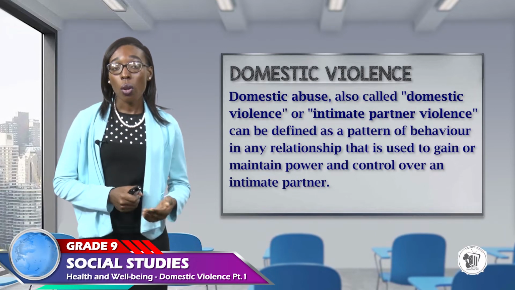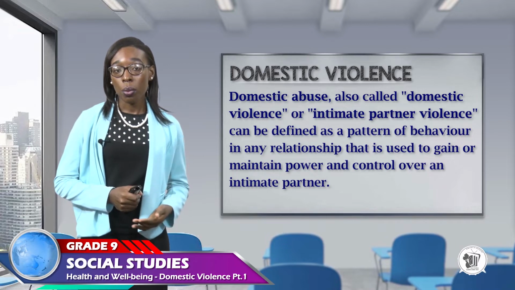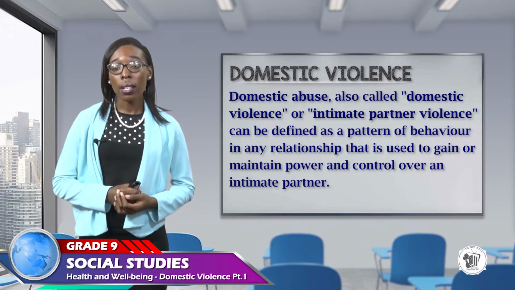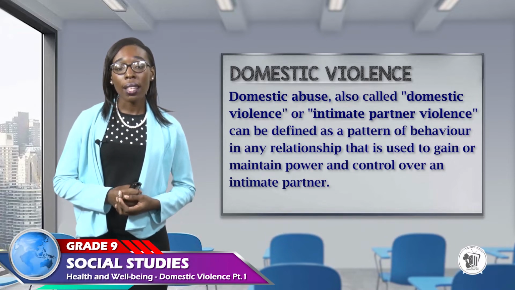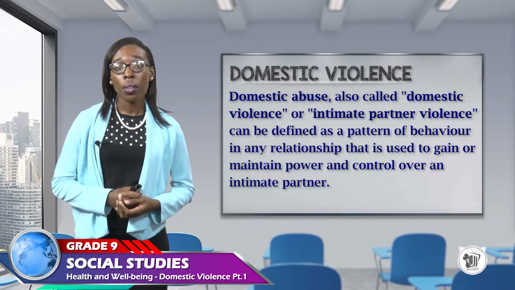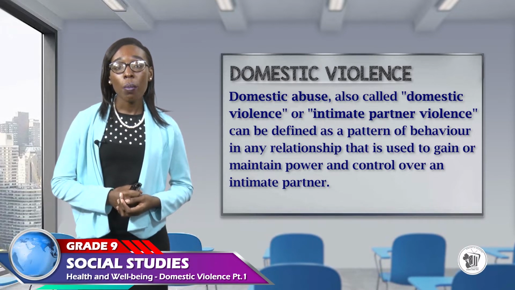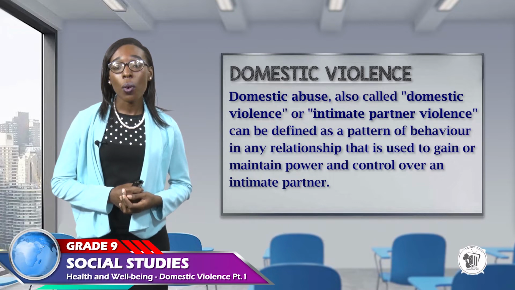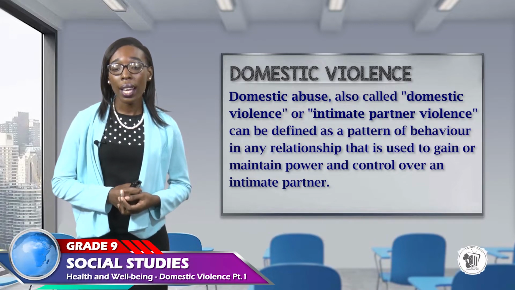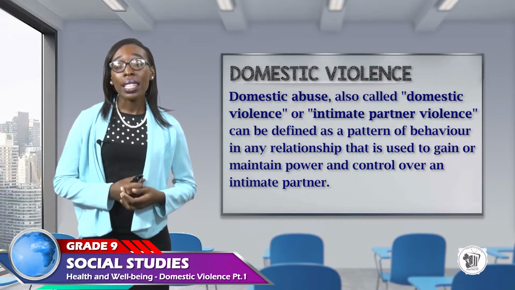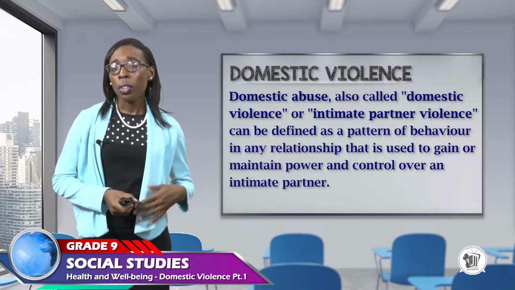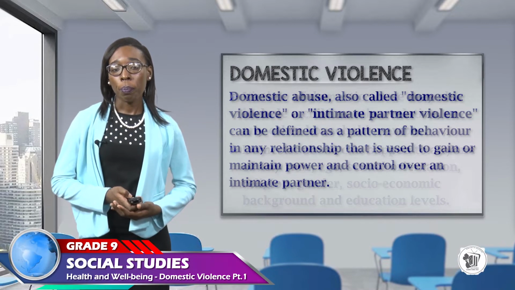Domestic violence, also known as domestic abuse or intimate partner violence, can be defined as a pattern of behavior in any relationship that is used to gain or maintain power and control over an intimate partner or over a family member.